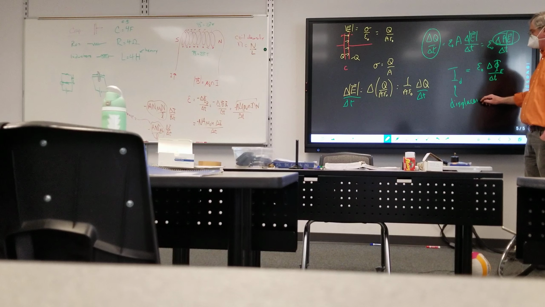So we have the traditional current of just charges flowing, and then we have this displacement current. If I make the substitution over there, I get mu naught I plus mu naught epsilon sub naught, change in the electric flux over time. So this is Ampere's law with Maxwell's correction.